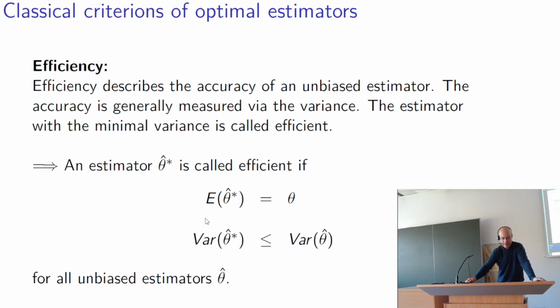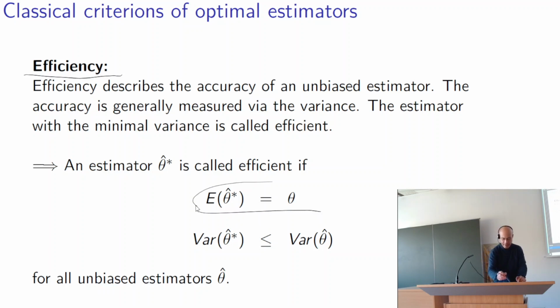And for this, I make the so-called assumption, or I want the property, that my estimator is efficient. And what is the understanding of efficiency? The understanding of efficiency is that the dispersion of my unbiased estimator is as small as possible.